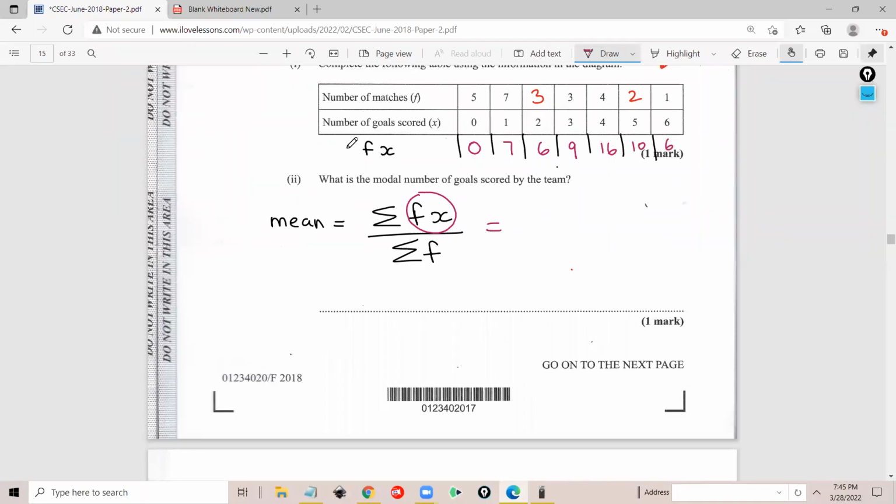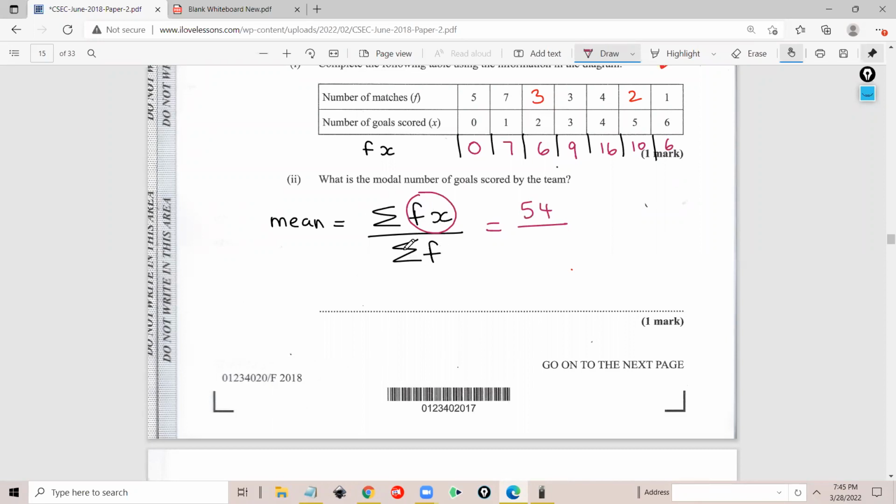So we have to add up the fx column. 0 plus 7 plus 6 plus 9 plus 16 plus 10 plus 6. I got 54. So I have that part of the formula down.